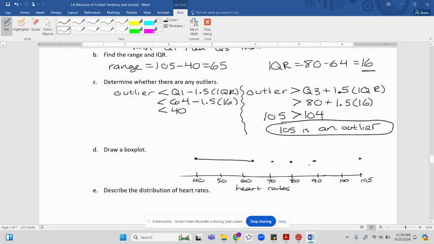You keep the 105 as a separate dot. You put a box around the middle part, and a line where the median is. It should be a straight line. Mine doesn't look straight. The reason why that dot is separate is because it is an outlier. It's telling the reader that that is an important point because it's far away from the rest.